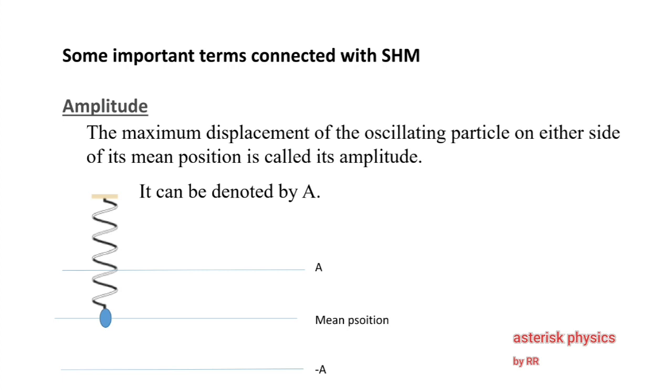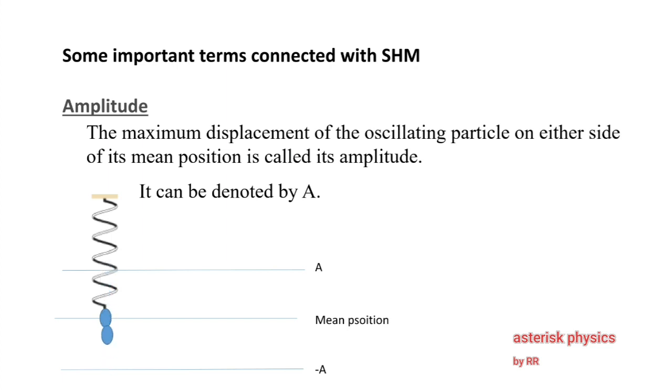Here you have a loaded spring, and you can see the mean position of that mass. When the system is disturbed, the mass will start oscillating between A and minus A. You can see that the motion is symmetric about its mean position, and hence the maximum displacement on either side from its mean position is found to be A, and hence A is the amplitude of this oscillation.